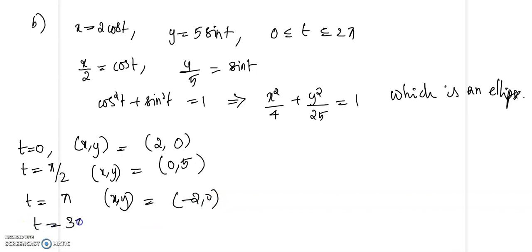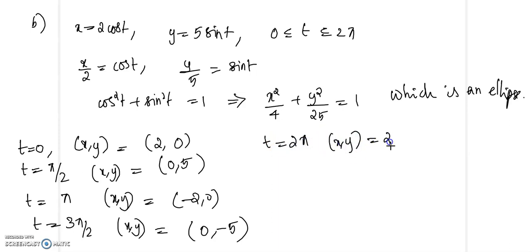Then t is 3 pi by 2, in that case (x, y) will be (0, minus 5), and when t is equal to 2 pi, we will have (x, y) equal to again (2, 0). So here you have the starting point as (2, 0), then (0, 5), then (minus 2, 0), and again (0, minus 5), and back to the point (2, 0).